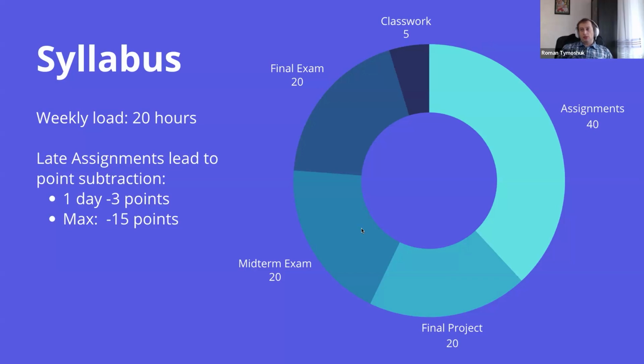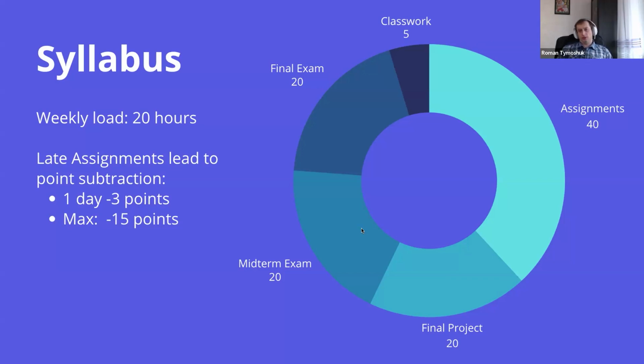As you can see, the distribution of activities: assignments should cover 40% of the final course mark. Final project should cover 20%, midterm exam 20%, final exam 20%, and classwork covers 5%.